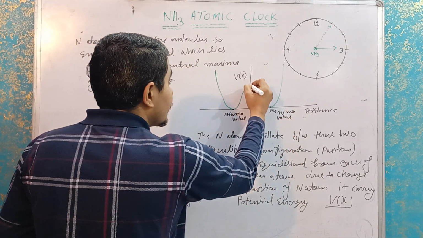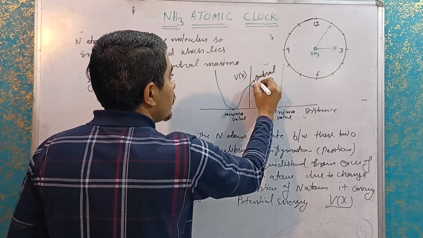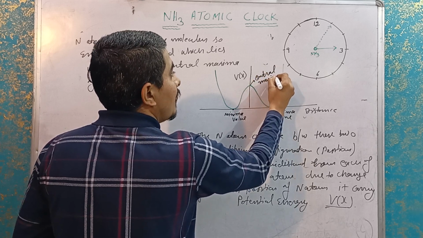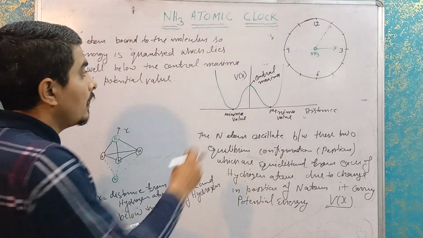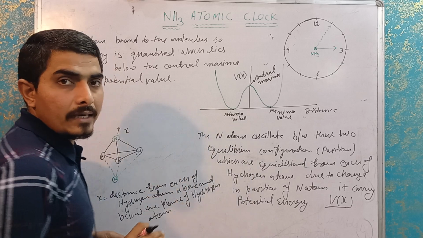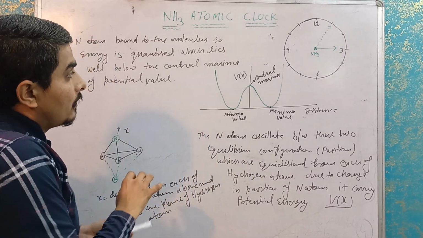Now this is the central maxima. This is the central maximum of the energy of the nitrogen atom. Understand? Now clear?